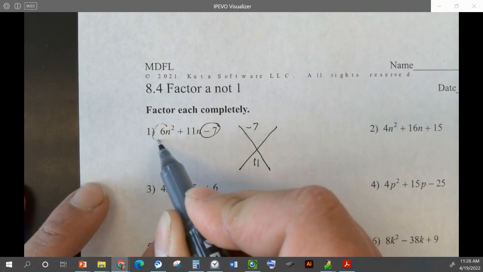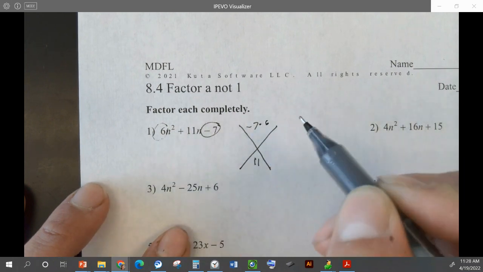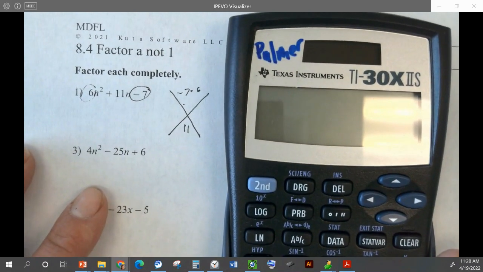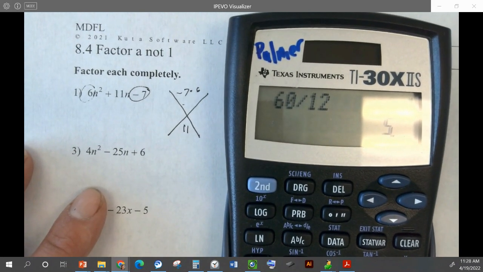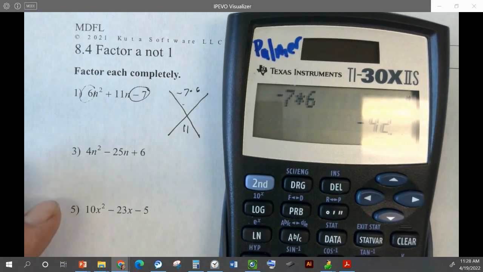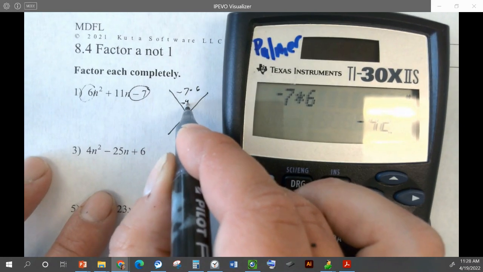And if there's a number in front of A, we have to multiply it. So -7 times 6. This is why we learned our multiplication tables in 4th grade, but I didn't do that. So, okay, -7 times 6 is -42.